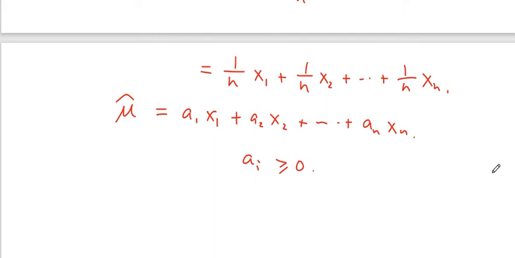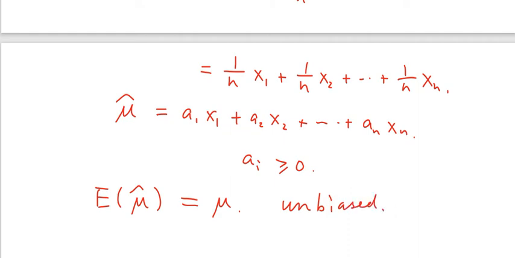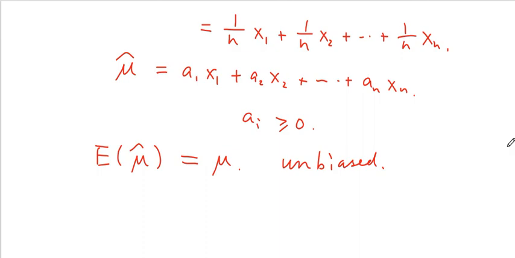At first, mu hat should equal mu, right? So unbiased. The first requirement is unbiased. What is the condition for a1, a2, up to an so that it satisfies this requirement?